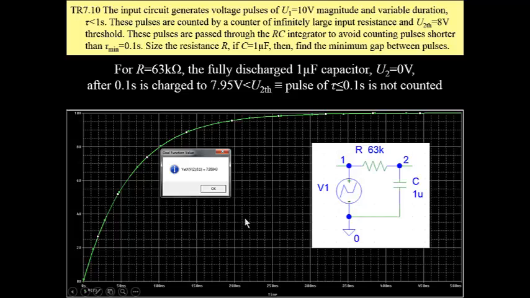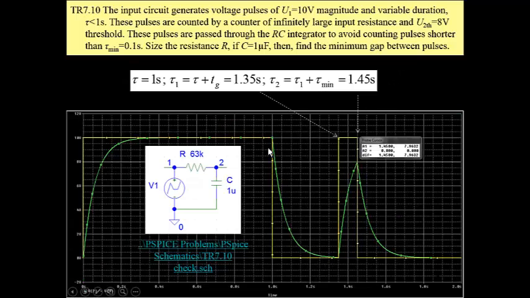We may check. This is our capacitor voltage, and we may check that after 0.1 second, which is here, this level is slightly less than 8, which means this pulse, which has a duration equal to or less than 0.1 second, is not counted. This is the combination of pulses.